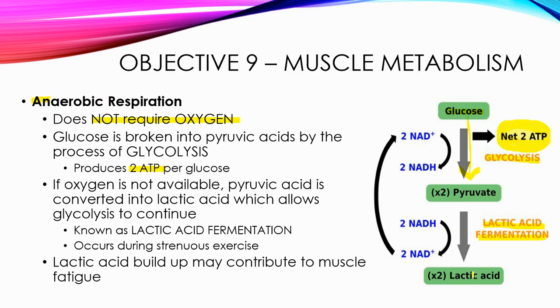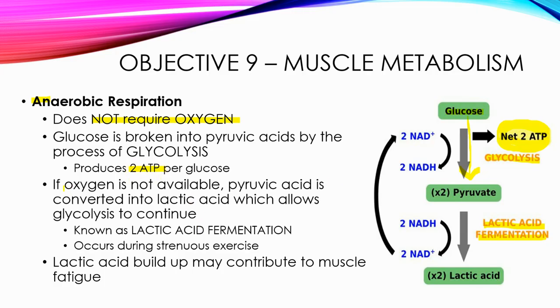There's also alcoholic fermentation, which is how we make alcohol, like with yeast, and make wines and beer and things like that. That kind of fermentation does not happen in our bodies. In our muscle cells, we have lactic acid fermentation, which is where those pyruvates are turned into lactic acid, and that recycles those electron carriers so that we can keep doing glycolysis and getting 2 ATP, 2 ATP, 2 ATP at a time, okay?